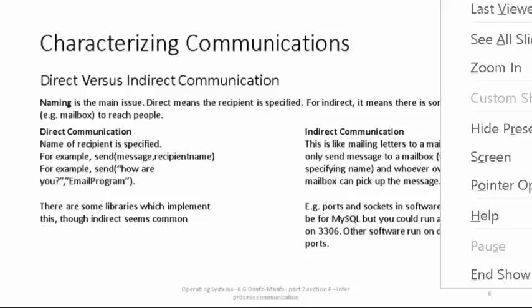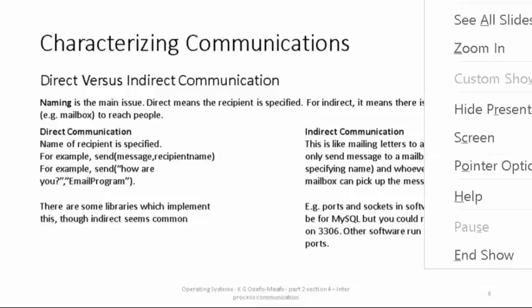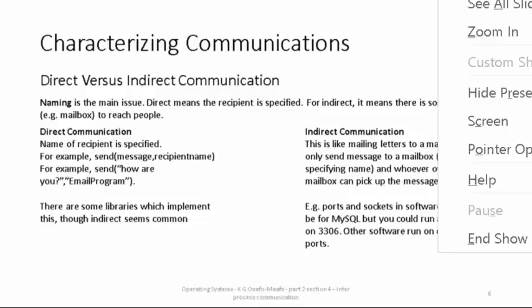So it doesn't mean that just because some aspects of the OS are direct and some aspects are indirect, they can't communicate. You just need to write some program that can receive the message on a port and then make the direct call so that it performs the task. Just the same way you have a web server.